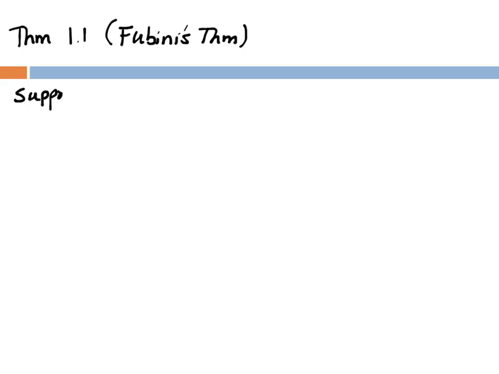So this is theorem 1.1. It's called Fubini's Theorem. And it says the following. Suppose that f is integrable over the rectangle.